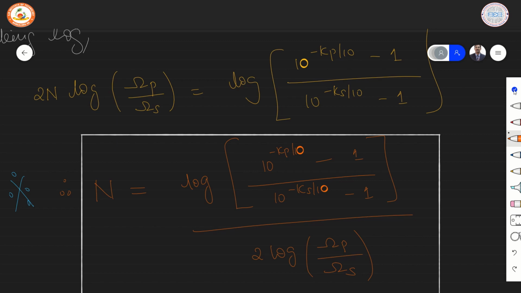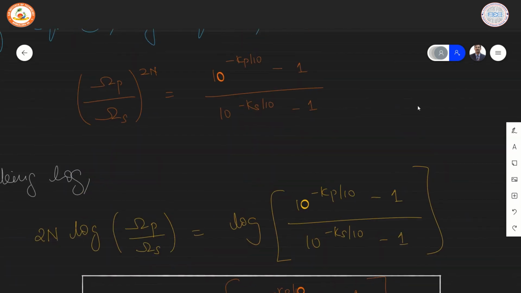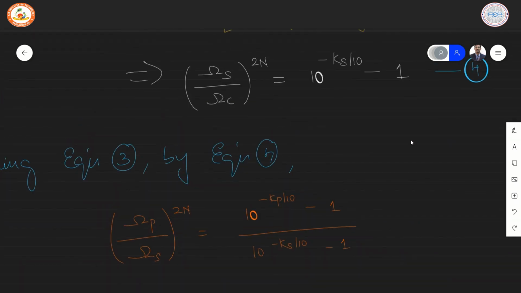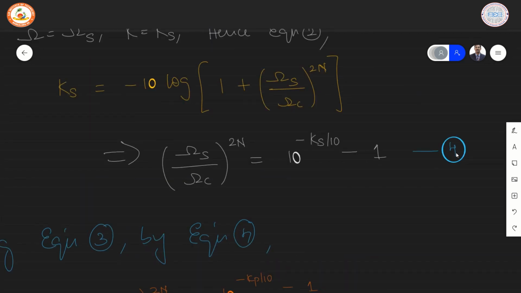Now that we have understood how to find the order of the filter, let us proceed to obtain the cutoff frequency. The cutoff frequency can be determined in a couple of ways by using the results that we already have. One of the results is equation 4.